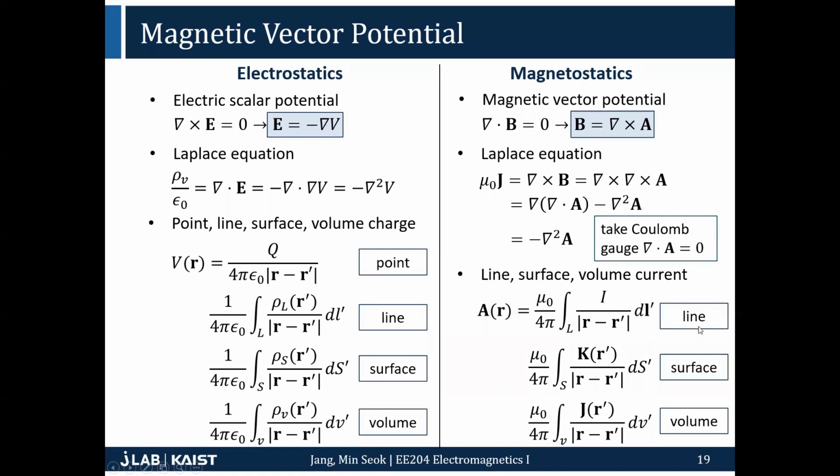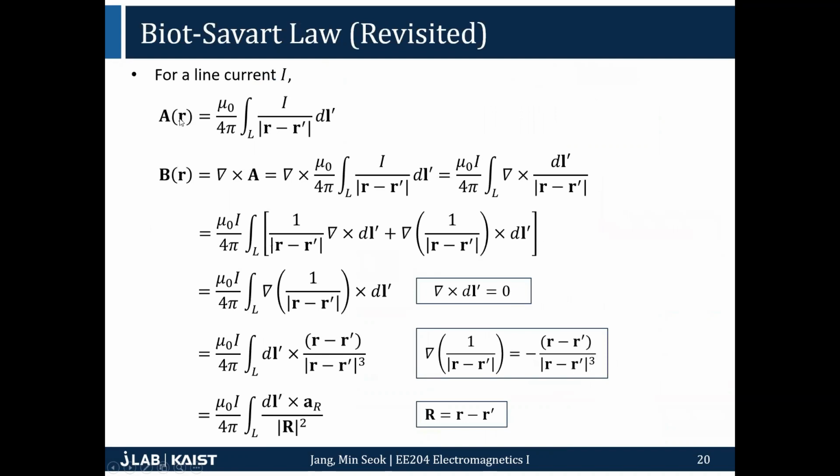So for line current, surface current, and volume current, your vector potential can be written readily like this, right? And then from the line current equation, we can rederive Biot-Savart's law, just by taking the curl of it. By taking the curl of A, we were able to obtain Biot-Savart's law, right?